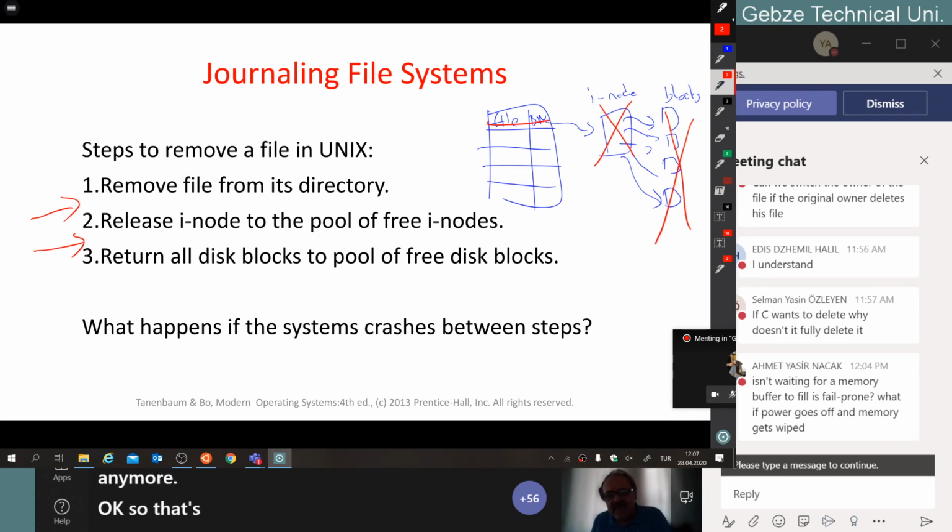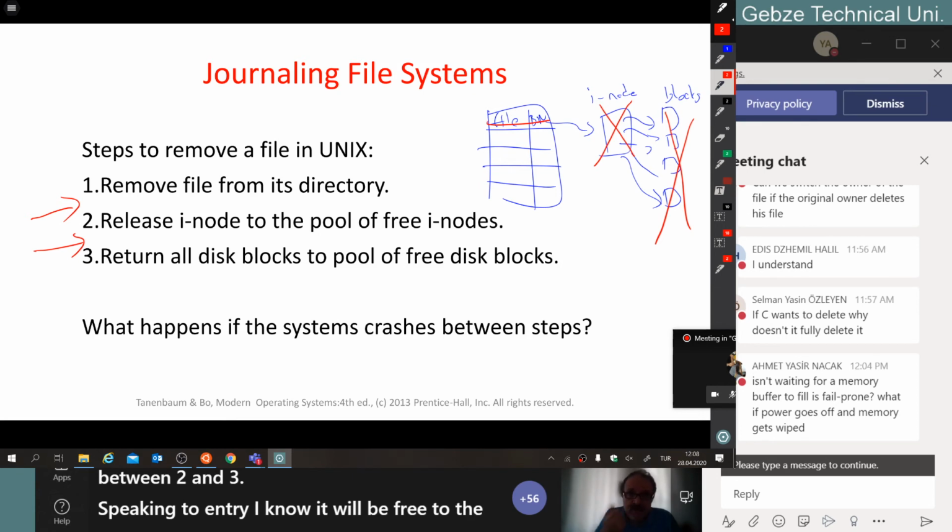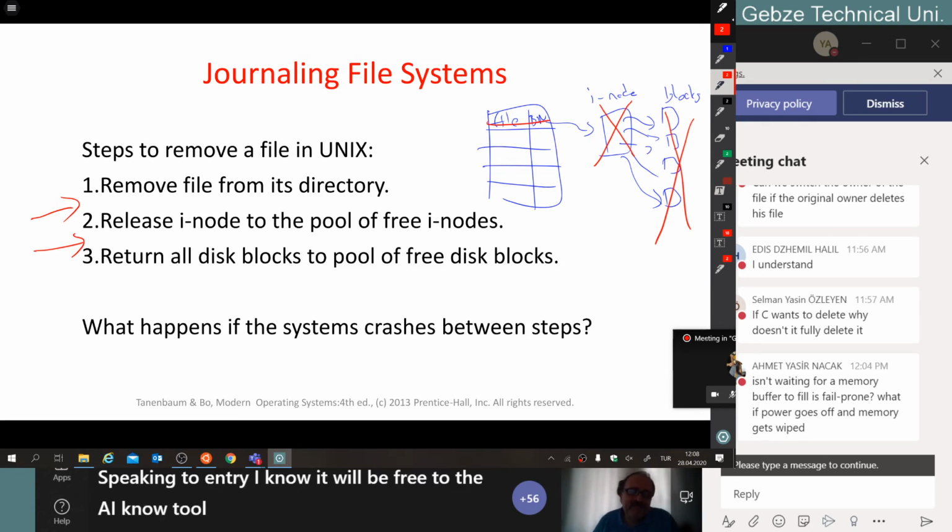If the crash happens between 2 and 3, the inode will be freed to the inode pool, but all the blocks will be unused blocks. In this case I am maybe lucky, because if I do this in this order, I am not causing any file system crashes.